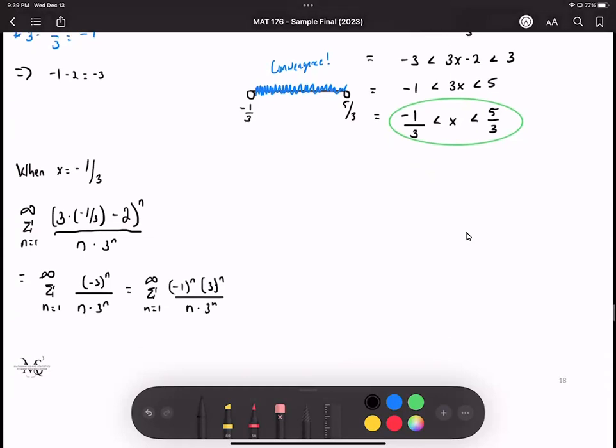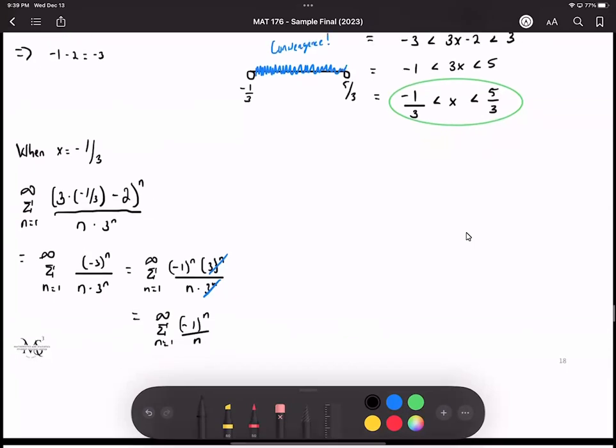So what happens to my 3 to the n? My 3 to the n's will cancel out, and now I have the following series. Negative 1 to the n power over n. Now, how can I check whether this series would converge or diverge? Which test do you think I'll use here?